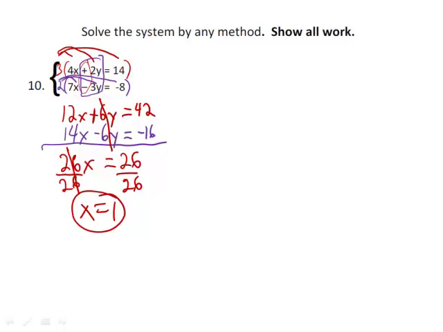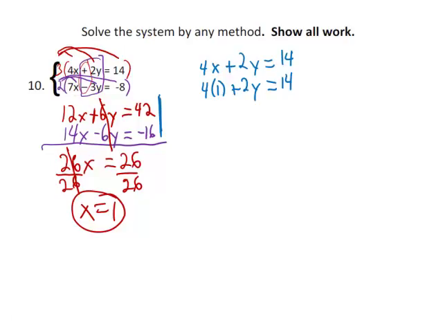Now remember, I'm not going to go into these equations here that I created to find the second variable or to check, because if I made a mistake there, my check will work, but I'll be wrong. Alright, so I'm going to go back to the original equations for both those tasks. So now I've got 4 times 1 plus 2y equals 14.